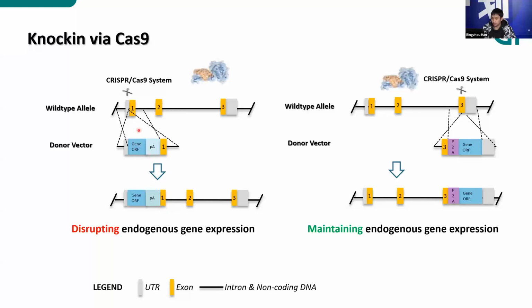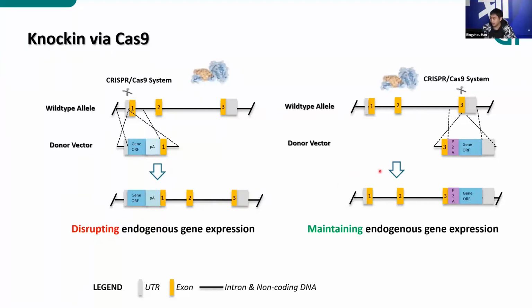After the insertion through the CRISPR-Cas system by homologous recombination, the allele will look like this. The open reading frame will be driven by the endogenous regulatory sequence and expressed just as the endogenous gene, in the pattern of the endogenous gene. However, the transcription termination signal will then prevent the downstream sequence from being transcribed, thus disrupting the endogenous gene expression.